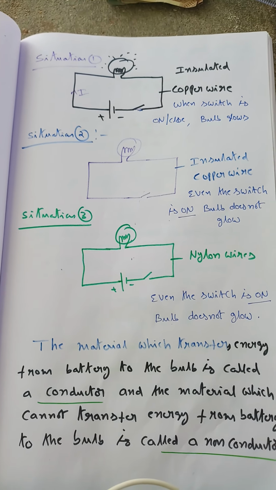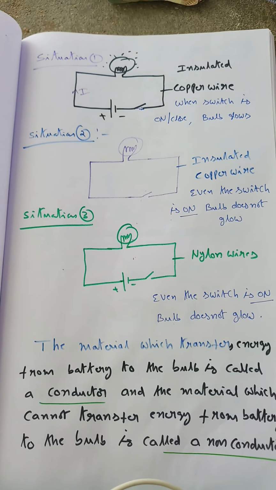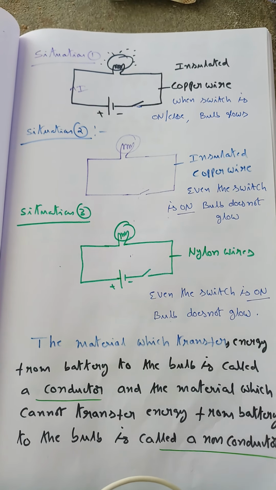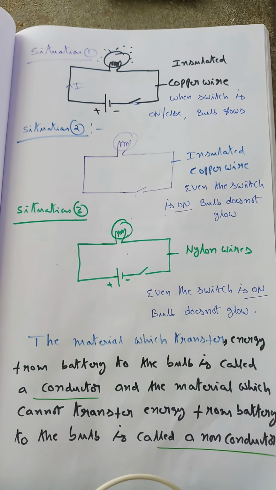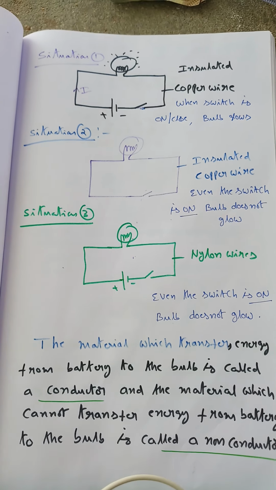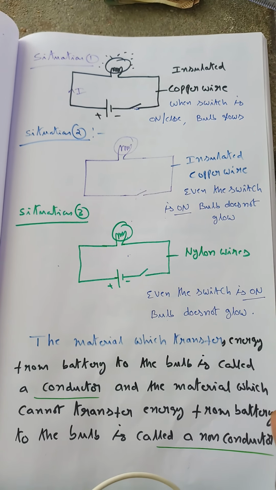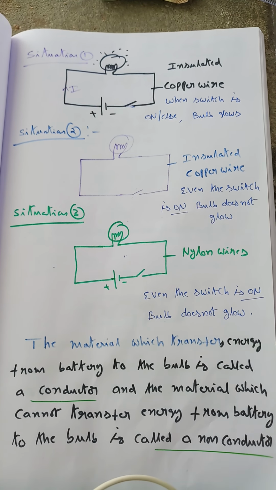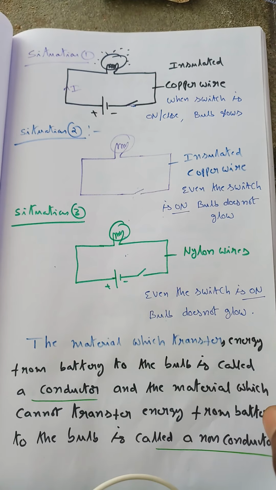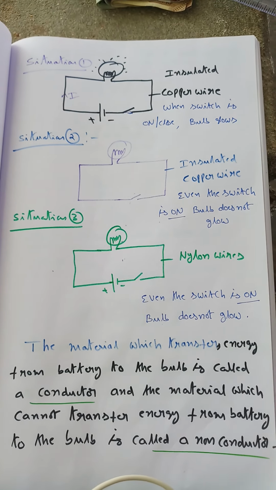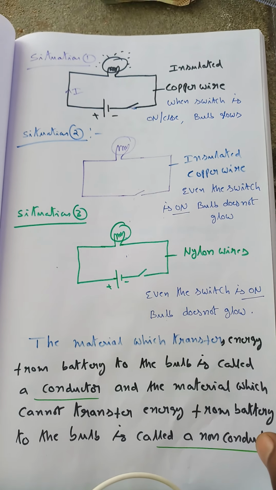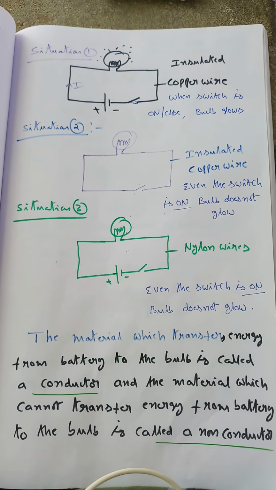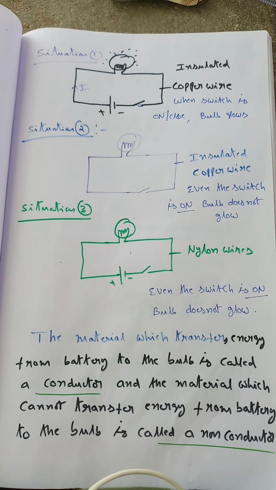Metals have positive charge nuclei, and around the positive charge nuclei there are electrons. Some of those electrons are free, that is, free electrons are available, and they can move freely throughout the material but do not come out. Those free electrons are responsible for the flow of current through them.